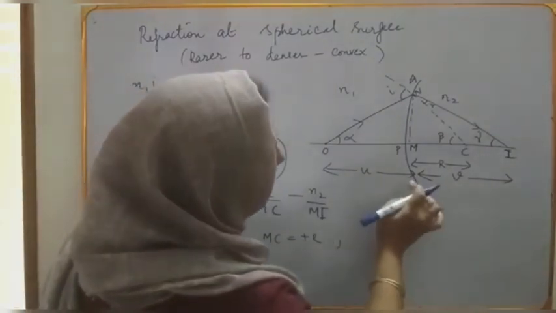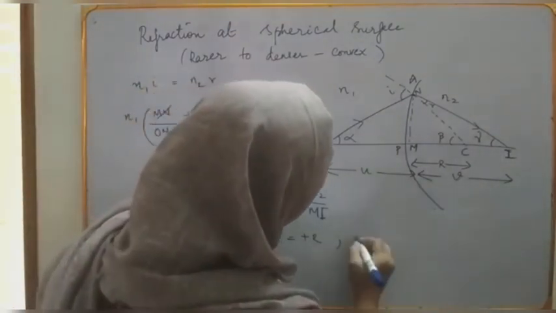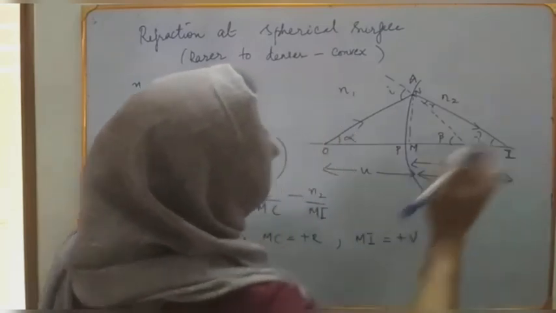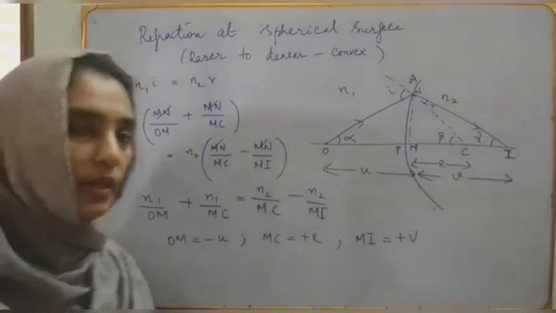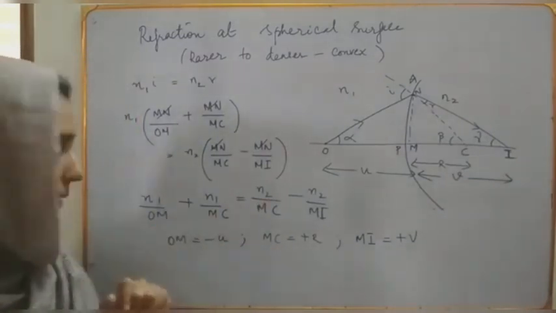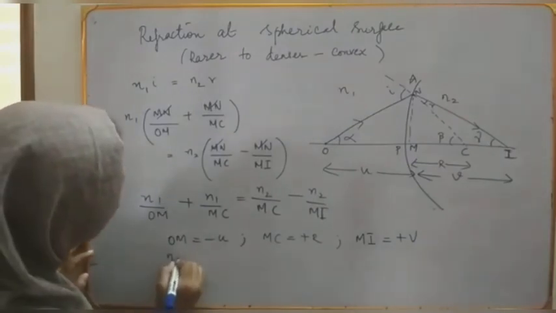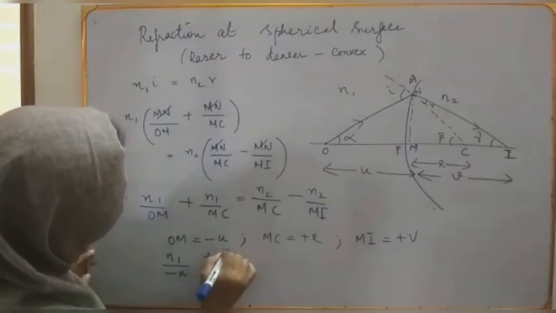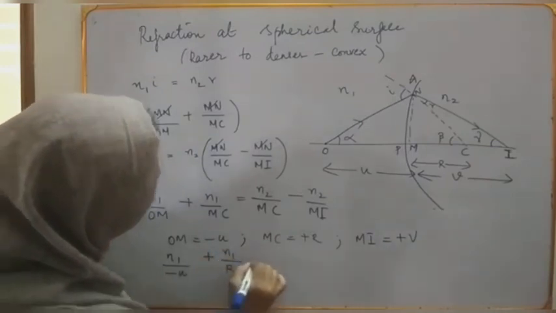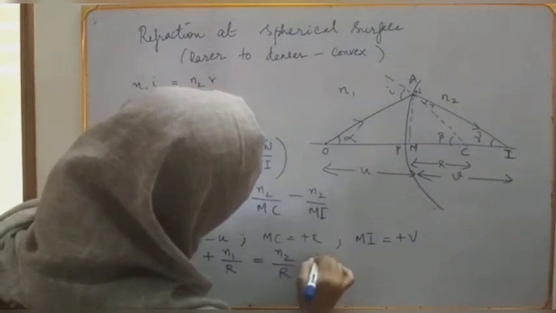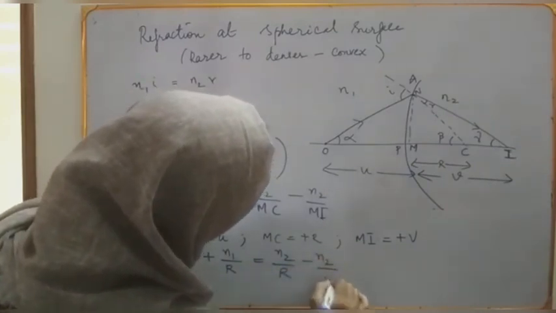And finally, we have MI as plus V, because that is also in the same direction as that of the incident light. Now we can apply this in this formula, that is N1 by minus U plus N1 by R is equal to N2 by R minus N2 by V.